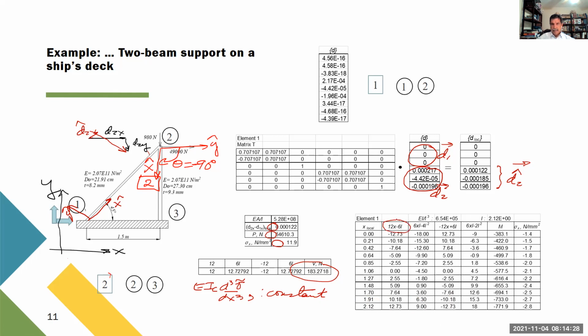This is the second derivative of n1 with respect to x, second derivative of n2, n3, n4. And we multiply this by the d1y, phi1z, d2y, phi2z. And the result is this evaluated at each one of these points. So that's the bending moment along this element. This is a linear variation from a negative value to a much larger value at the top and here.